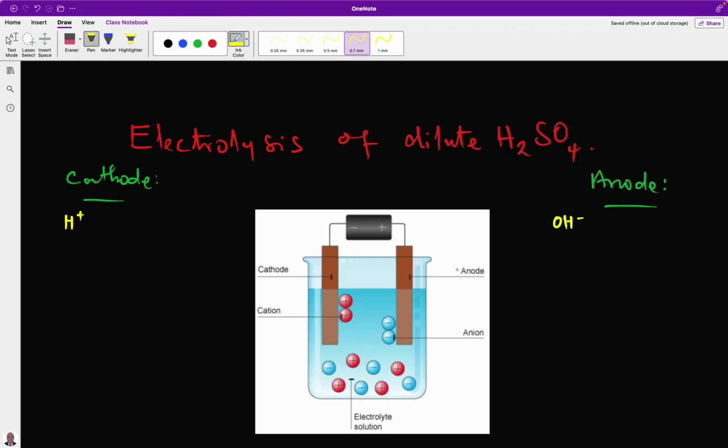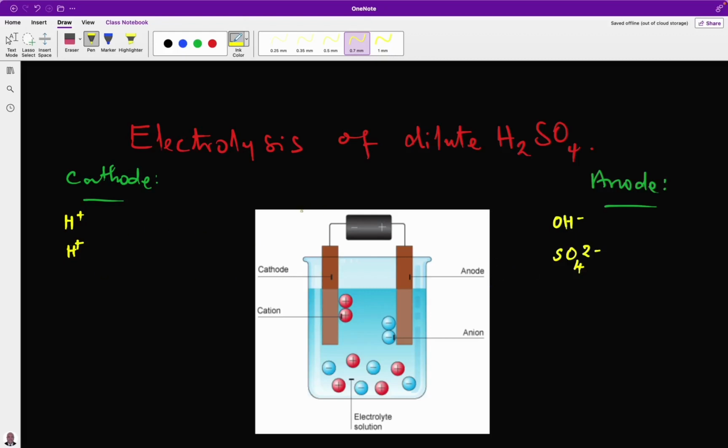Now again, sulfuric acid will produce two ions, the hydrogen ion and the sulfate ion. The hydrogen ion will come here again from sulfuric acid, and the sulfate ion will come there. What is happening?